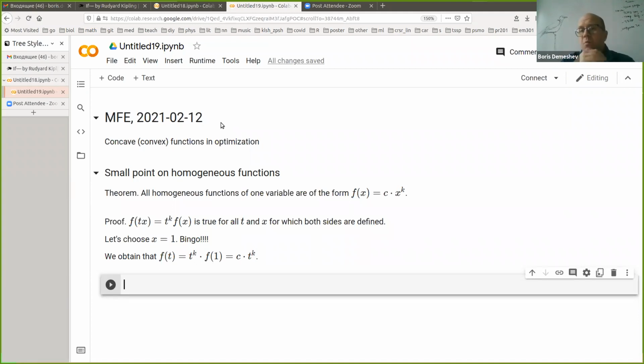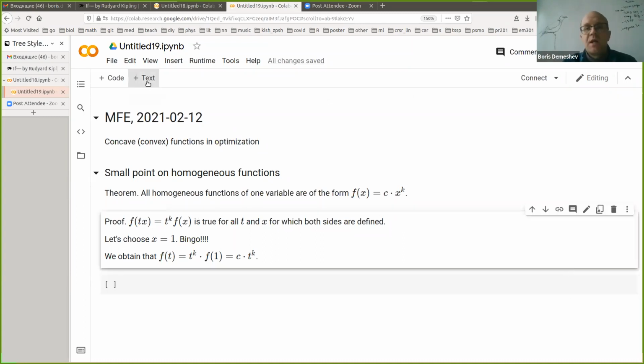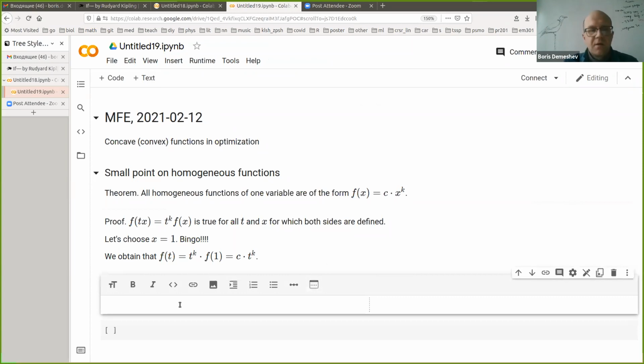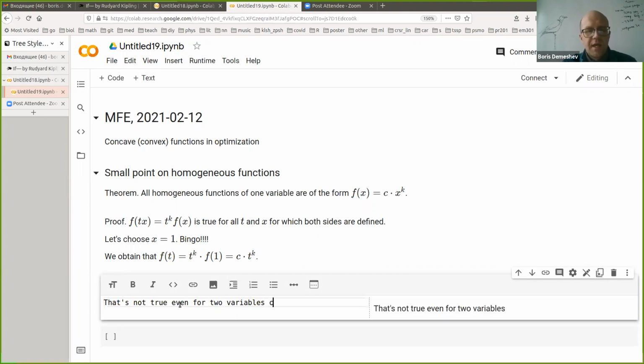So we see that there are very few homogeneous functions of one variable, and the diversity is in homogeneous functions of many variables. That's not the case when I consider even the two variable case. That's not true even for the two variables case.